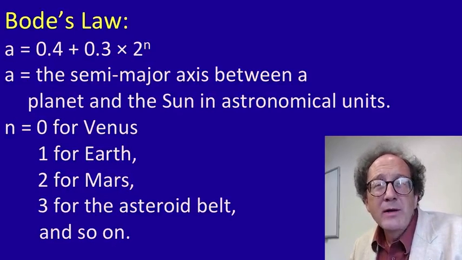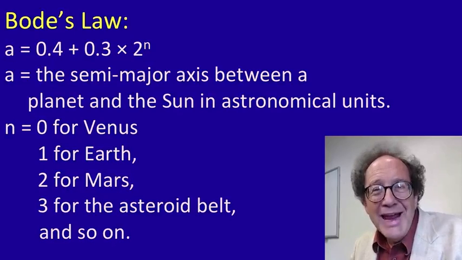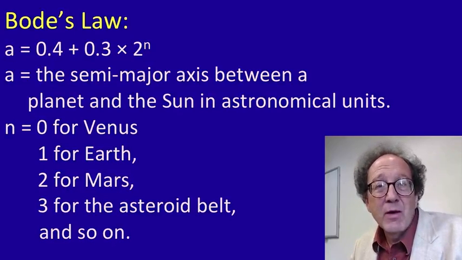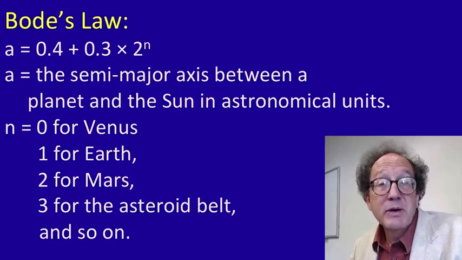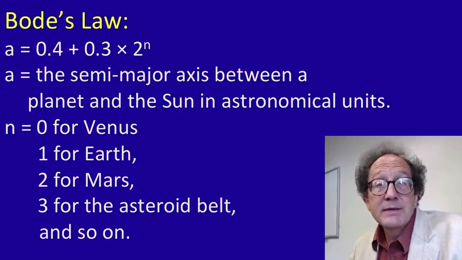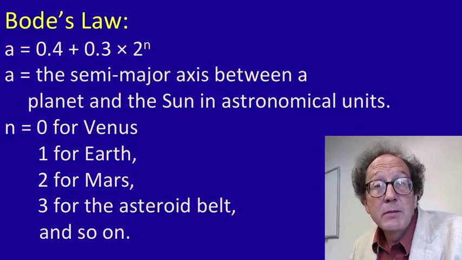But nobody thought that this law explained why the planets were that far from the sun. They happened to fall in that pattern. It could be used to predict, but it didn't explain why they were the distance that they actually were from the sun. So Bode's law is an example where you can get a prediction without explanation.